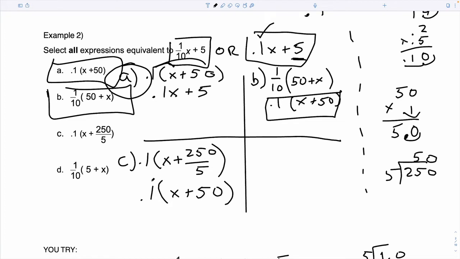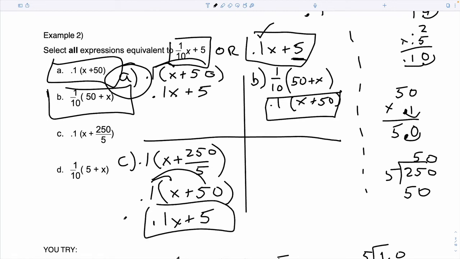Yeah, and so to figure it out, I would have to simplify. So let's do 0.1 times x and 0.1 times 50. Did I already do 50 times 0.1? Yeah, it was up here. So this is the same. This guy does work. Check it off and circle it.